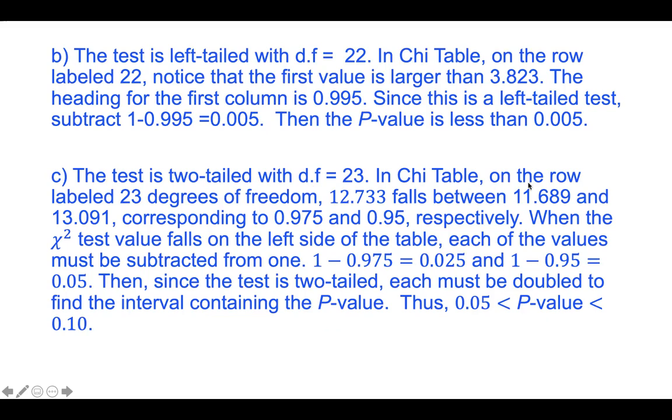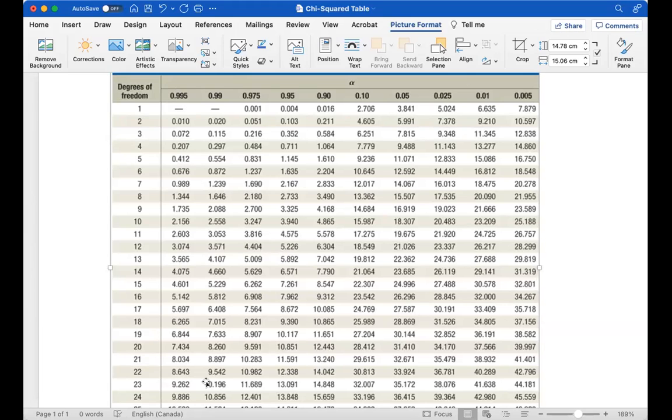So we look in the chi-squared table on the row labeled 23, find 12.733 and see where it falls. It's between 0.975 and 0.95.